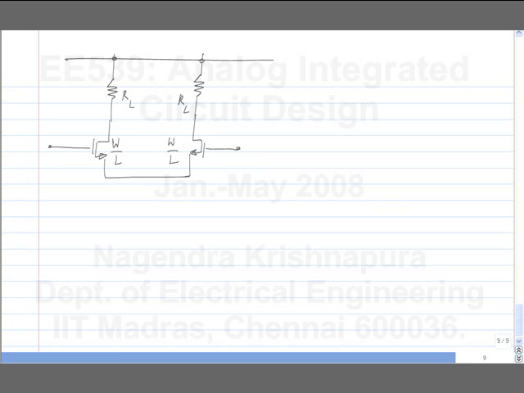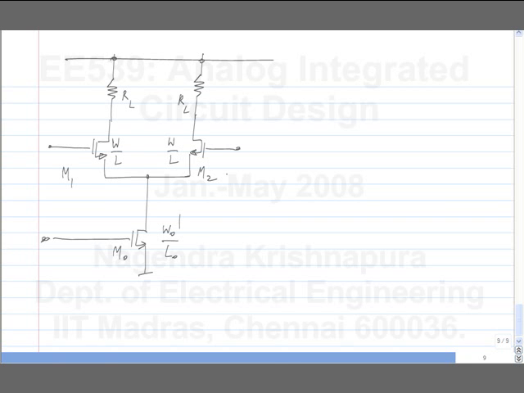And I will replace the tail current source with some MOSFET. We have to do it at some point. And it has some other aspect ratio, W0 by L0. And call this M0, M1, and M2.